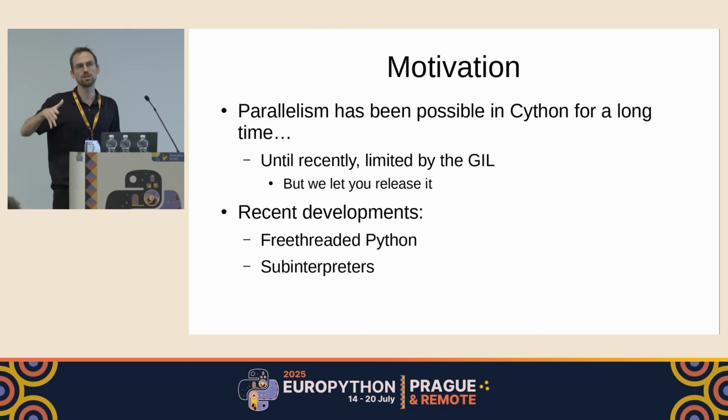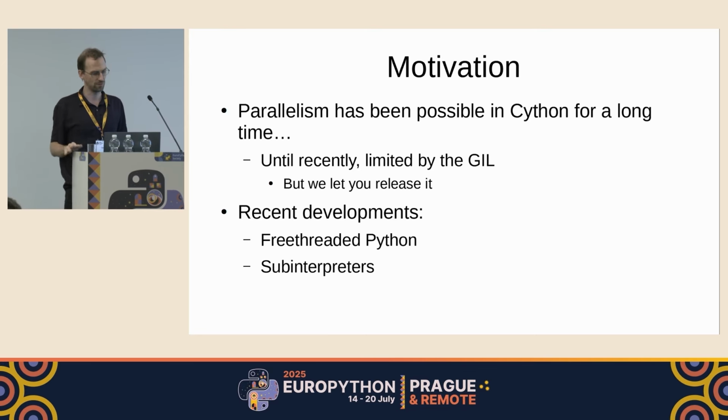Cython was a little better because we actually let you release it and do a bunch of stuff without it. But the recent developments in Python as a whole have been free-threaded Python and the addition of subinterpreters, both of which provide you with new mechanisms to attack parallelism. So the motivation of this talk is that we've been doing a lot of work, mainly for free threading, and to present some of that.